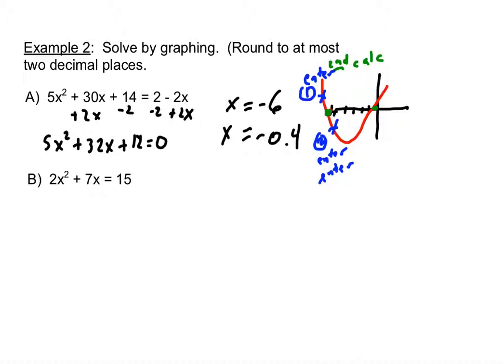Then to do the other side, you first put the cursor here and hit enter, and then move the cursor here and hit enter. And don't forget, you have to do second calc again. So we had to do second calc here twice.